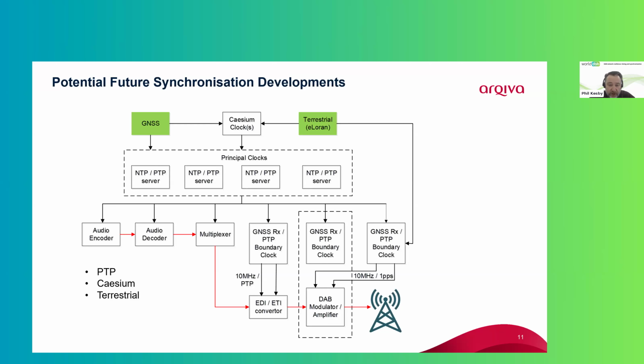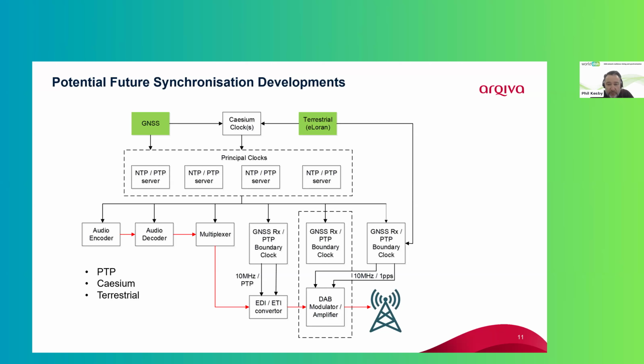The servers, which are effectively in the core of our network, are already able to serve PTP to the network, and our GNSS receivers deployed around the edge are already classed as PTP boundary clocks. However, the sometimes quite complicated part is actually to generate or to build a PTP aware IP distribution network. So this perhaps in some cases can be cost prohibitive. So we're looking at the ability to do PTP, but this is work in progress.